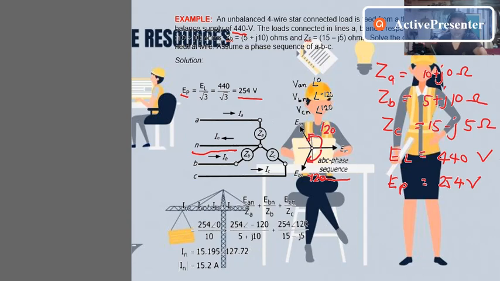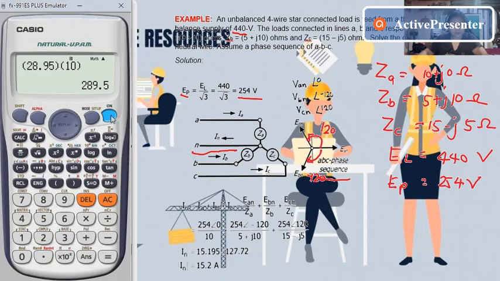So solving for our neutral point, we just need to add all the currents from our impedance loads. Since we have a neutral voltage, we need to use our calculator. So convert to complex.